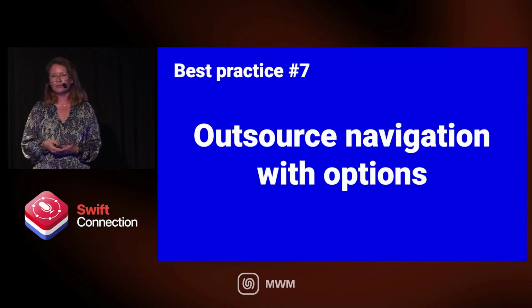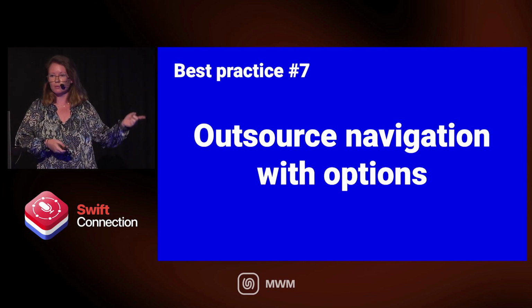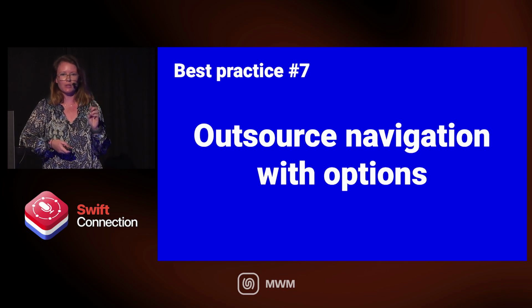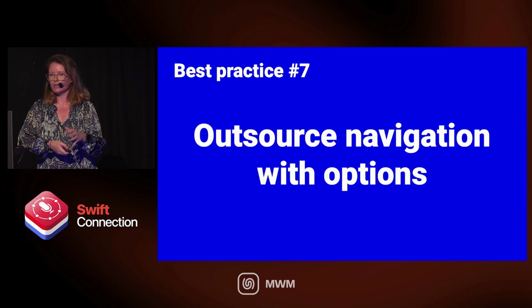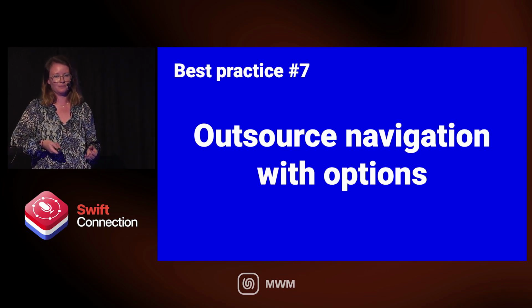Best practice number 7 is just that. Give your users some options when they want to navigate, maybe to Google Maps, to Apple Maps, but also give them the option to copy and paste the address so they can paste it into their application of choice. It may be an app you've never heard of, but it really meets their needs in terms of navigation.